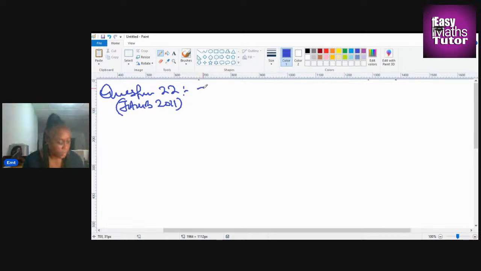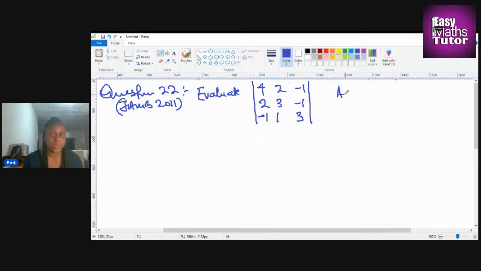It says evaluate the 3 by 3 matrix: 4, 2, minus 1; 2, 3, minus 1; minus 1, 1, 3. Options: A is 25, B is 45, C is 15, and D is 55.